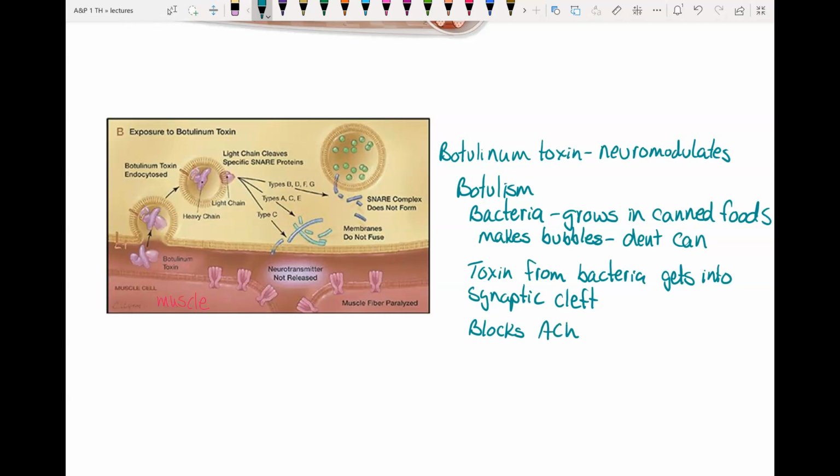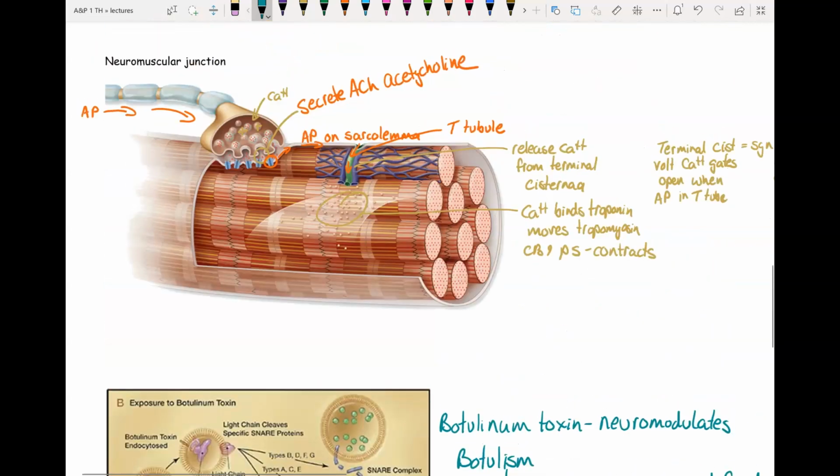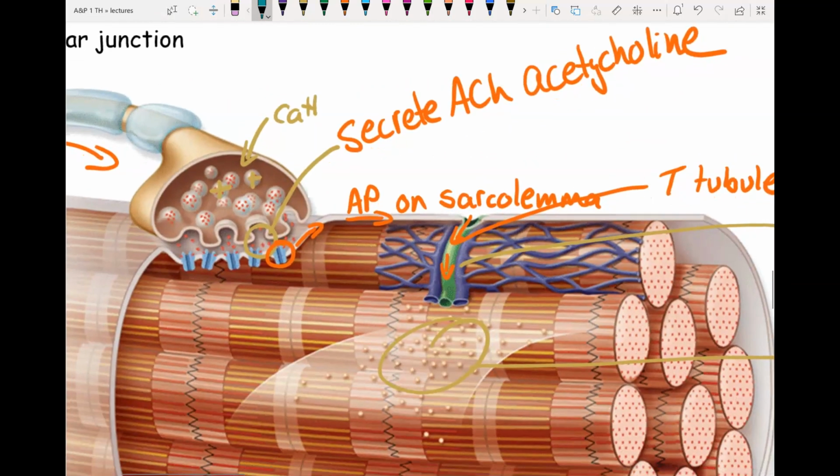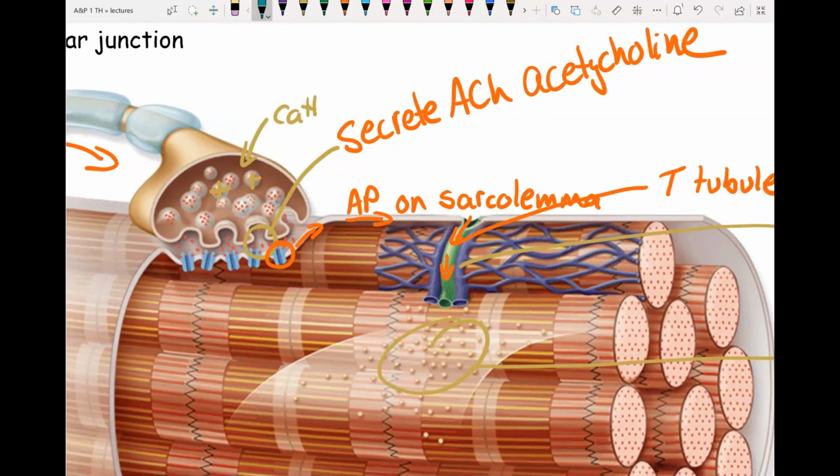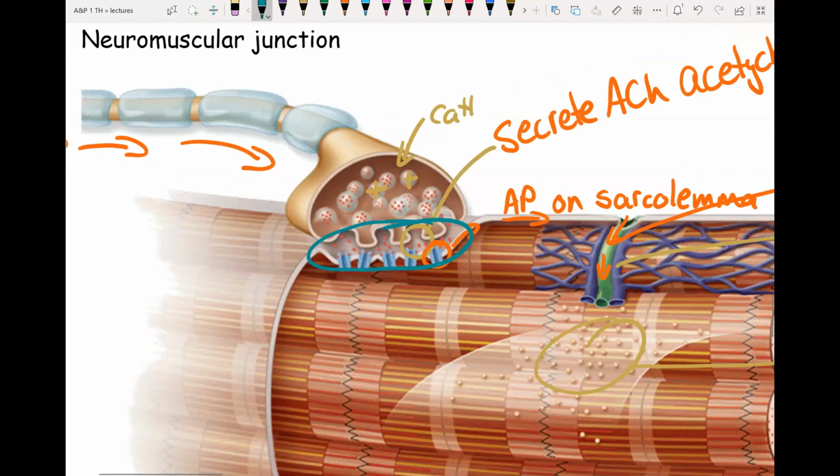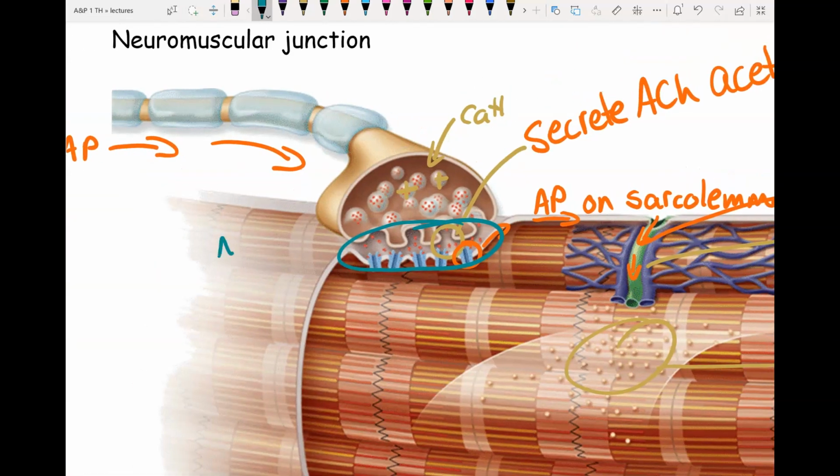So you cannot have the acetylcholine to stimulate your muscle. So back up here, where you're secreting acetylcholine, and that acetylcholine is binding to the gates on the muscle, that does not happen with botulism. So if you had botulism, you would not have this.